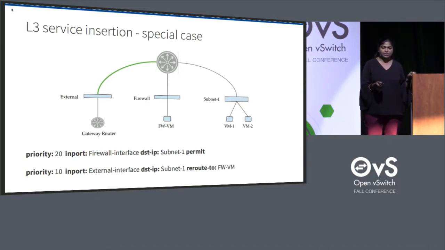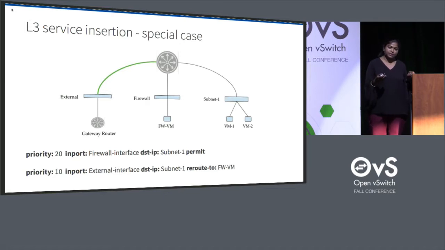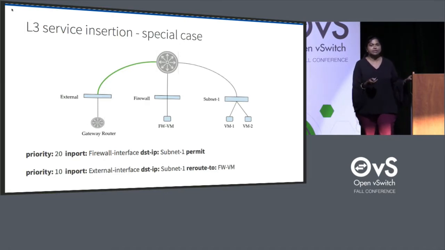The incoming port is the external interface. If you look at the policy with priority 20, you see that the incoming interface is the external interface here. So by defining the policies this way, it is possible to insert the firewall for traffic coming in from the external interface.